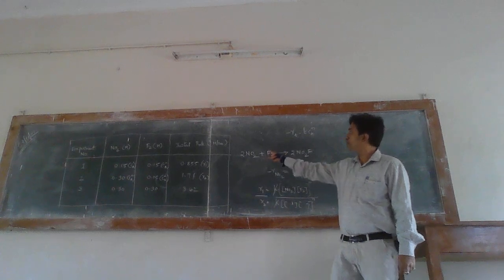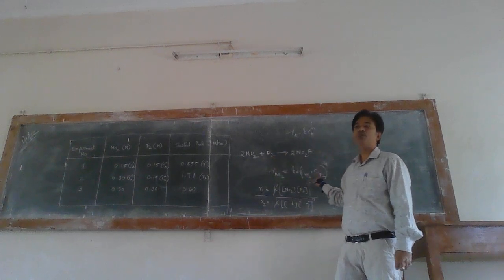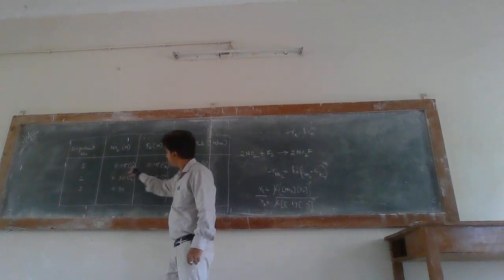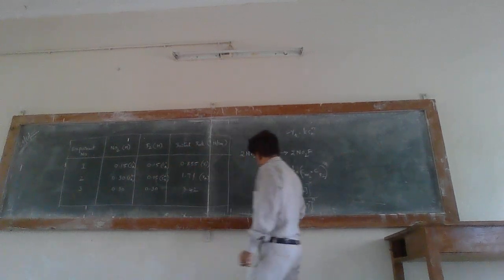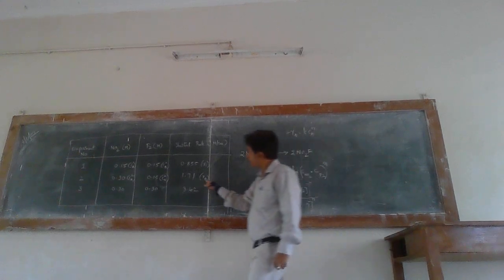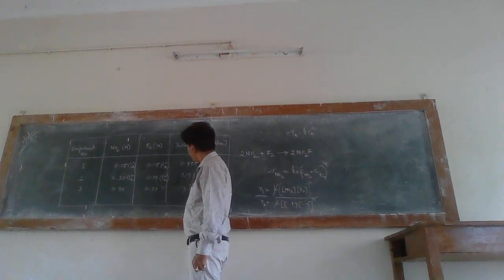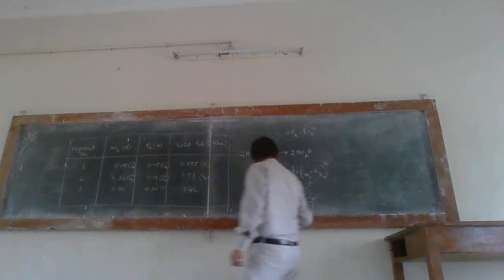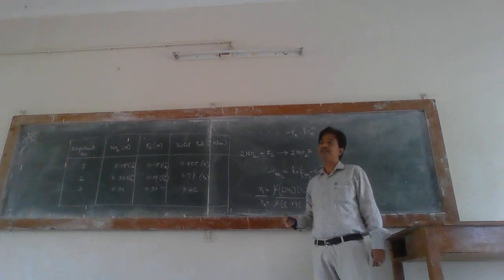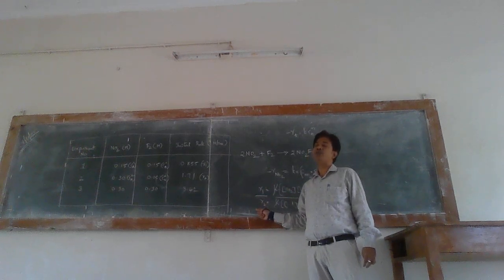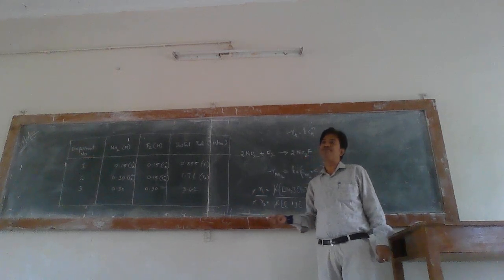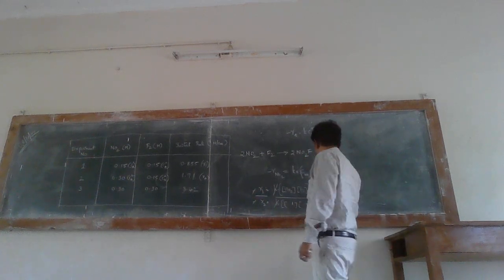Because two components are there, there are two concentrations. For the first experiment I took the first rate and first concentrations, and for the second experiment the second rate and second concentrations. Substitute these values and divide. You know R1 and R2. The minus signs also cancel. Now what is the n value?